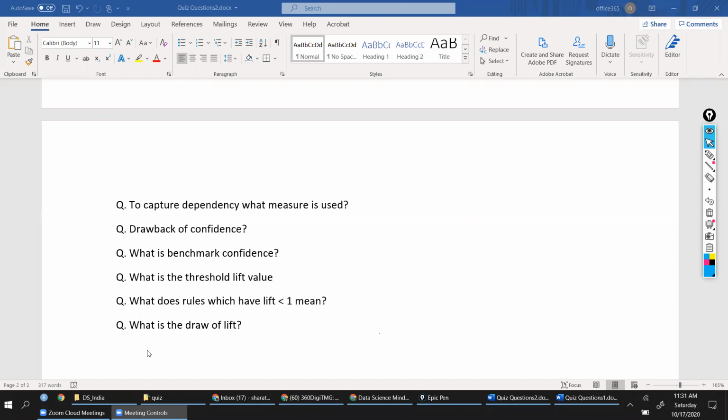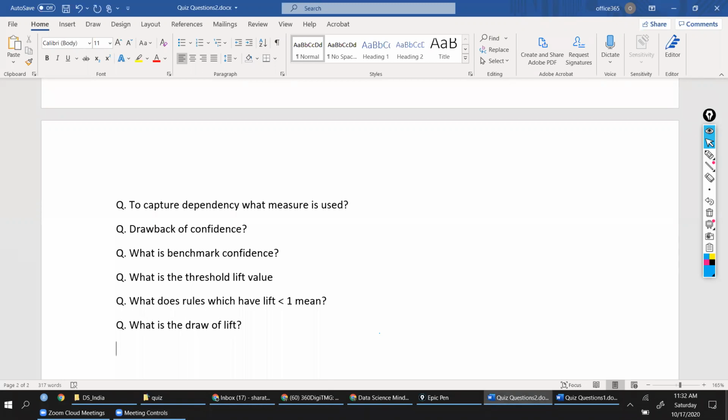When you say bundle offers or bundle of the products, the bundle will have the same products irrespective of their position. But lift ratio will be different for these combinations of the same products. So you'll get duplication of the rules, and these duplicate rules have different lift ratios. That's the drawback of lift.